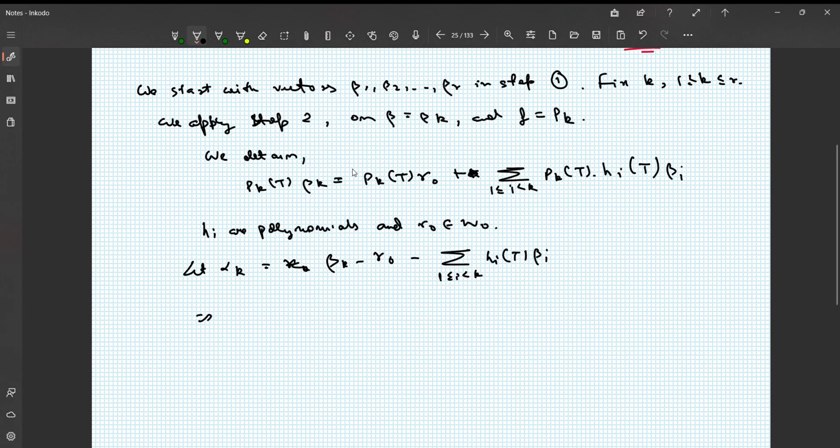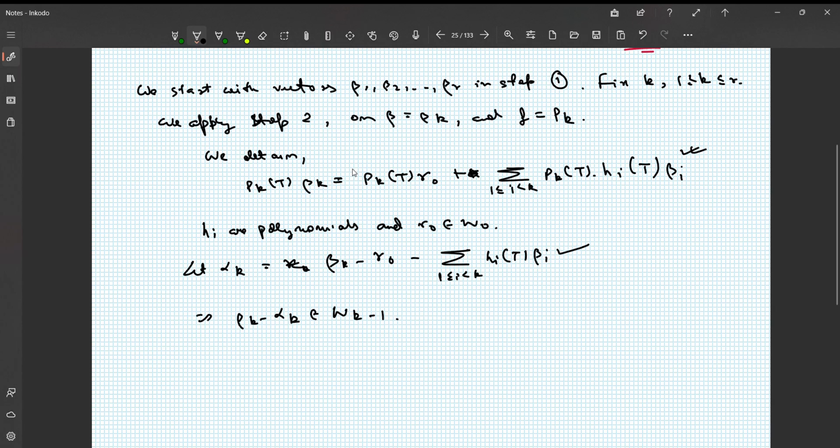Then obviously beta k minus alpha k is in W k minus 1, from the way W k is defined.